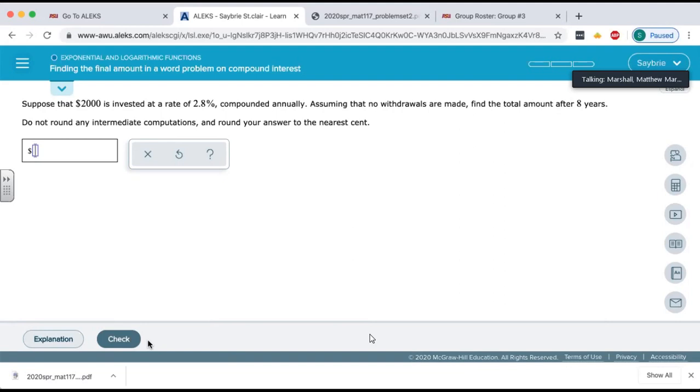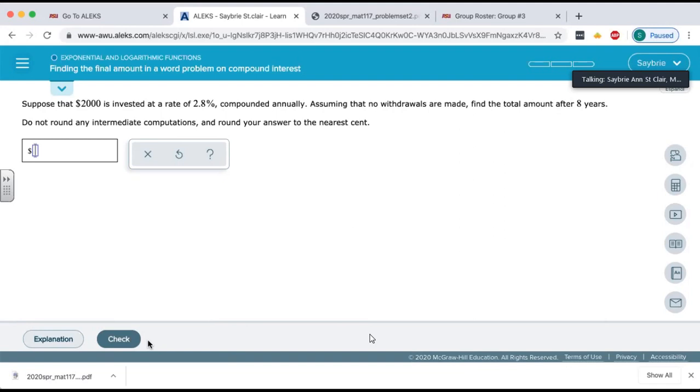So if I take 0.028 divided by 1, I'm sorry, let's do that again. Wait, you're right. So 0.028 divided by 1 is 0.028 plus 1. It's 1.028. And then you raise that to the 8th power.